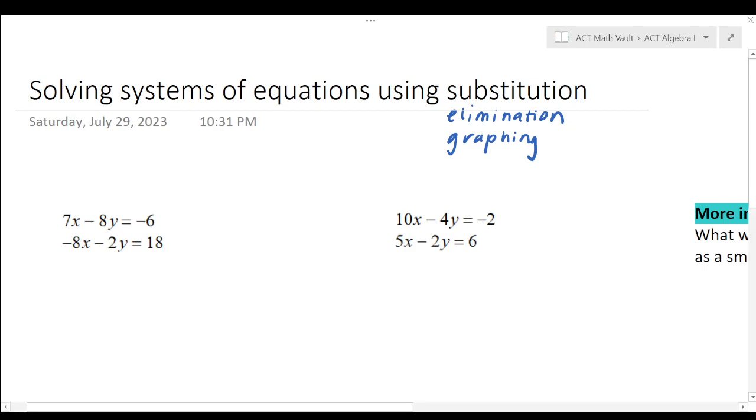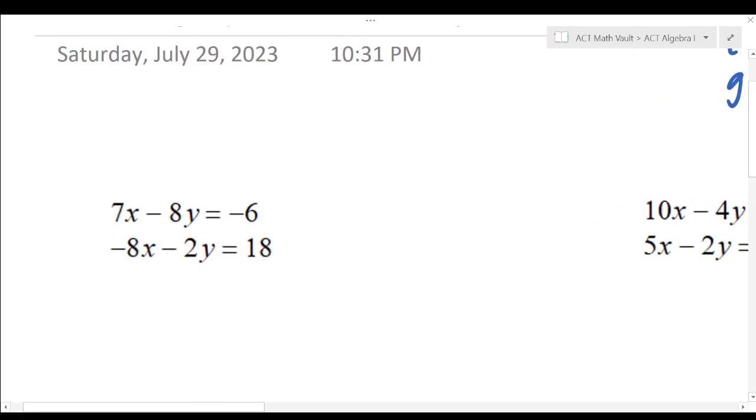So substitution is a process that involves trying to manipulate one of the equations so that you can solve for one of the variables and then throw that into the variable in the other equation.